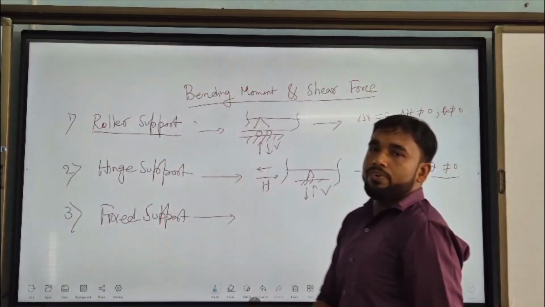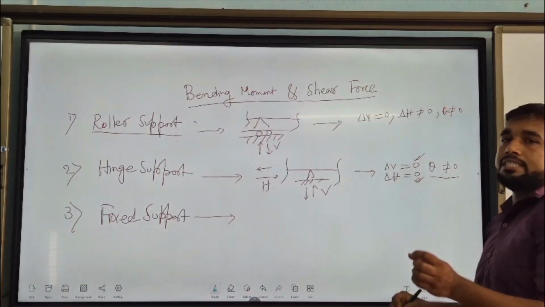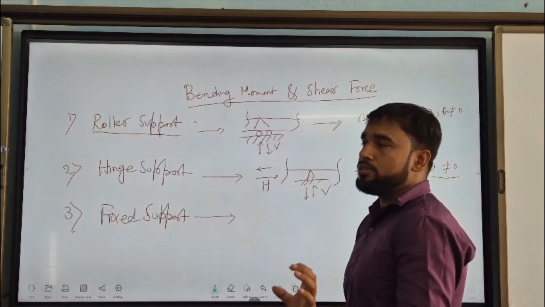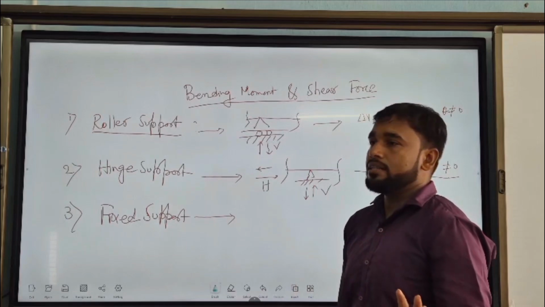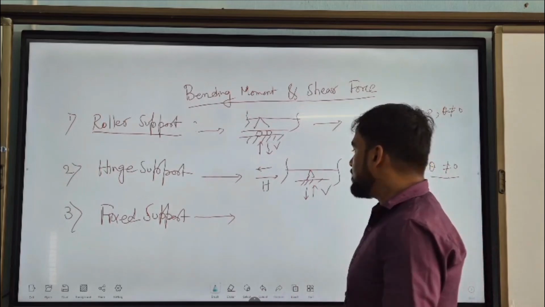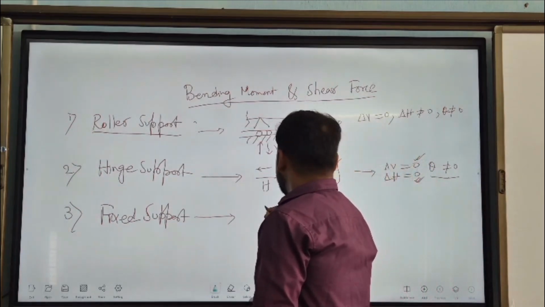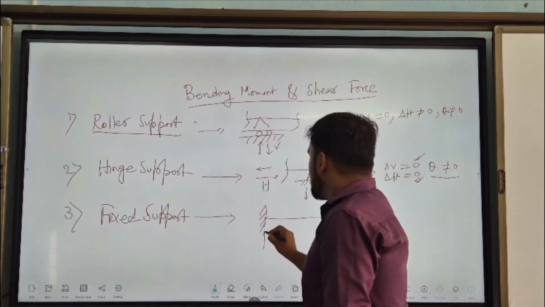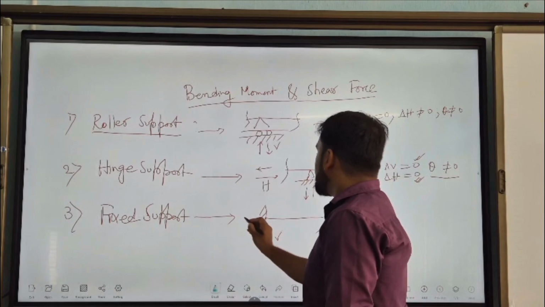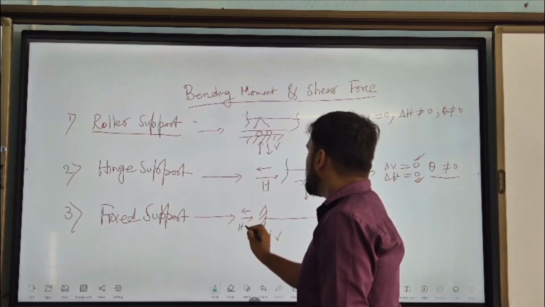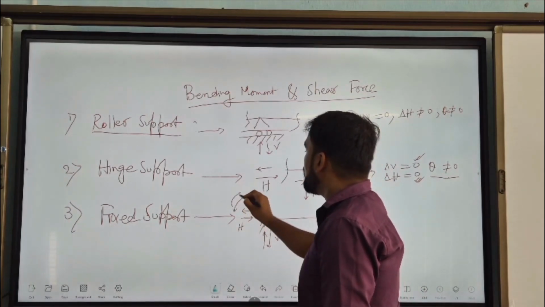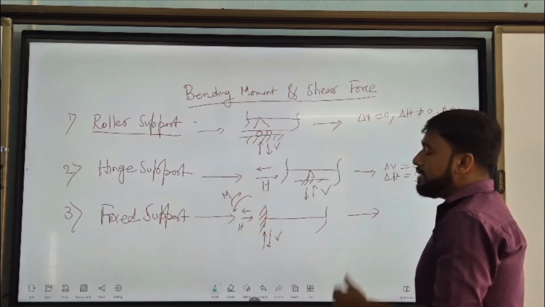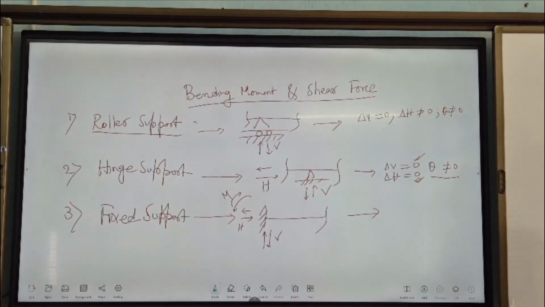Then come to fixed support. The fixed support is one which resists along all three directions: vertical direction, horizontal direction, as well as rotation. That means three reactions come in case of a fixed support. It is indicated like this. So, for a fixed support, there is a vertical reaction, a horizontal reaction, and also a moment.